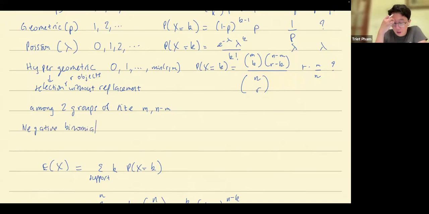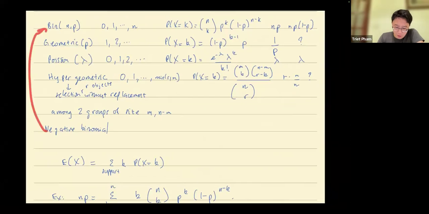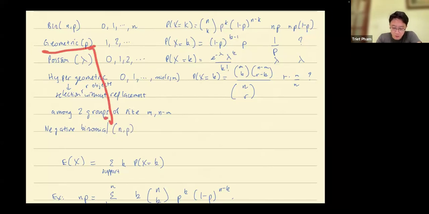I think the negative binomial has some relationship with the binomial, of course, but I don't remember exactly what the relationship is. It actually has a direct connection to the geometric. The negative binomial would have two parameters attached to it, n and p. Actually, the geometric random variable can be viewed as a negative binomial with parameters 1 and p.